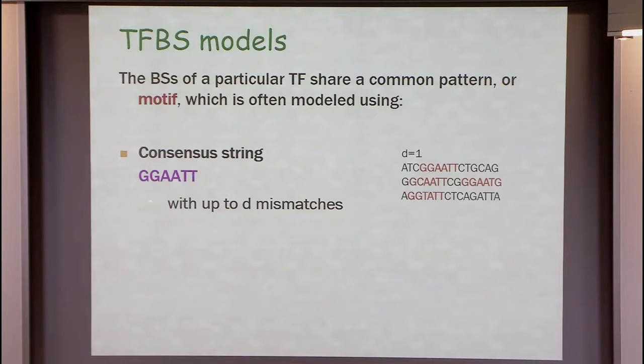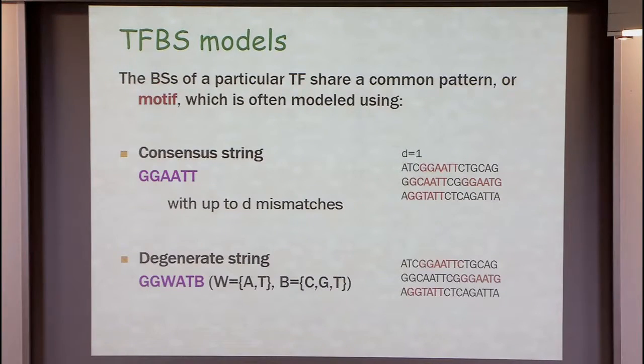For example, it may be that the first G is very important for the binding of the protein. So we must have a G in that position, and allowing a mismatch at any position does not follow these rules. So we can extend the model of the consensus string with up to D mismatches into a model that we call a degenerate string.